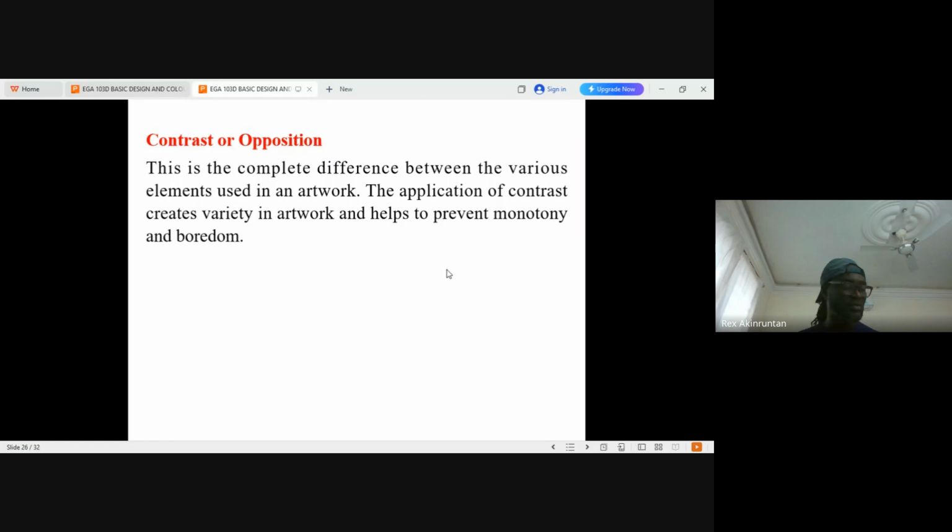In terms of color, where the two colors are of different backgrounds, how they relate based on their warmth and coolness is also another form of contrast. And the contrast again, in terms of shape: maybe this is a shape that belongs to the round family, a circle. A circle will contrast with a square, because a square is known to have straight edge lines.